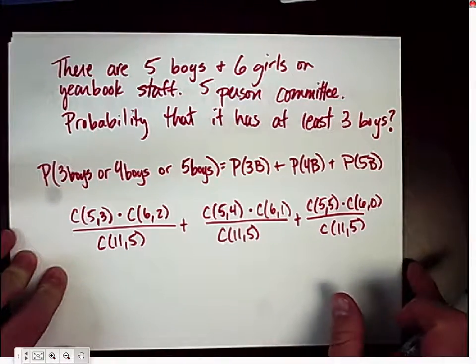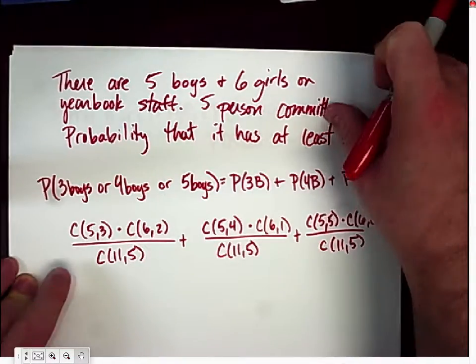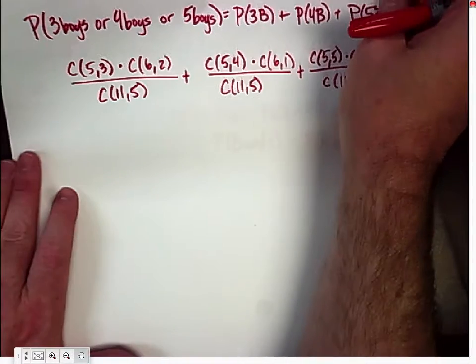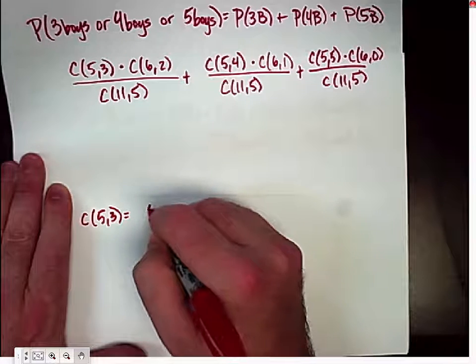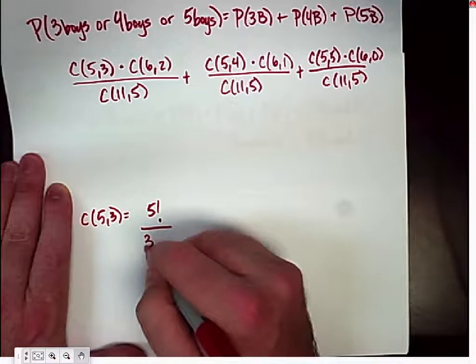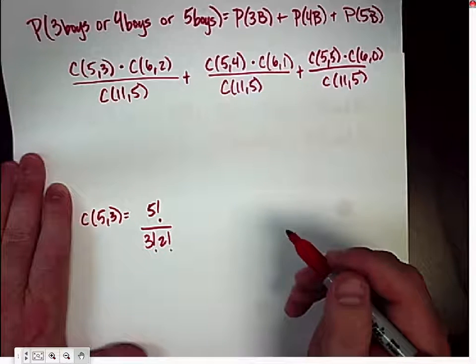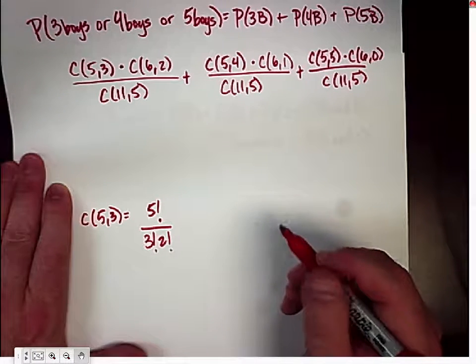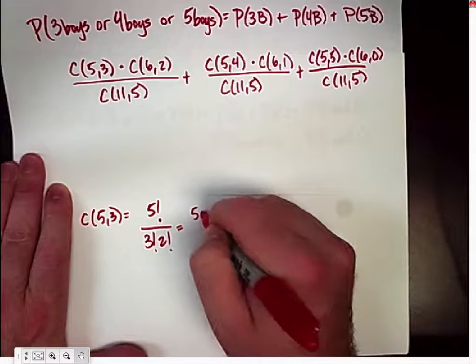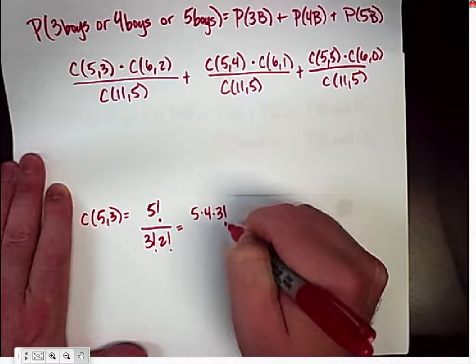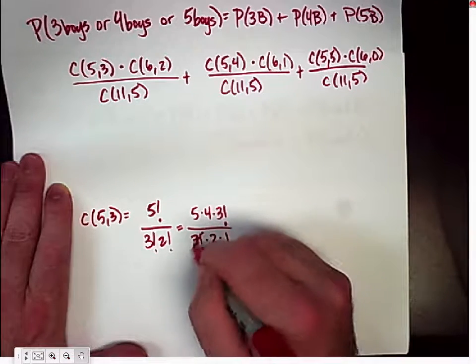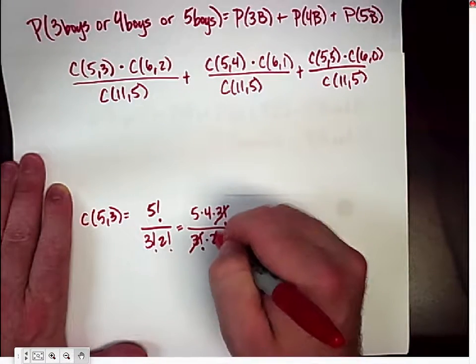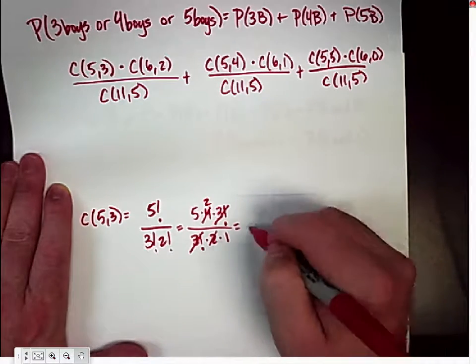So, what is the combination of 5 choose 3? Remember, the formula is 5 factorial over 3 factorial, 2 factorial. So that's 5 times 4 times 3 factorial over 3 factorial times 2 times 1. 2 goes into 4 2 times. 5 times 2 is 10.